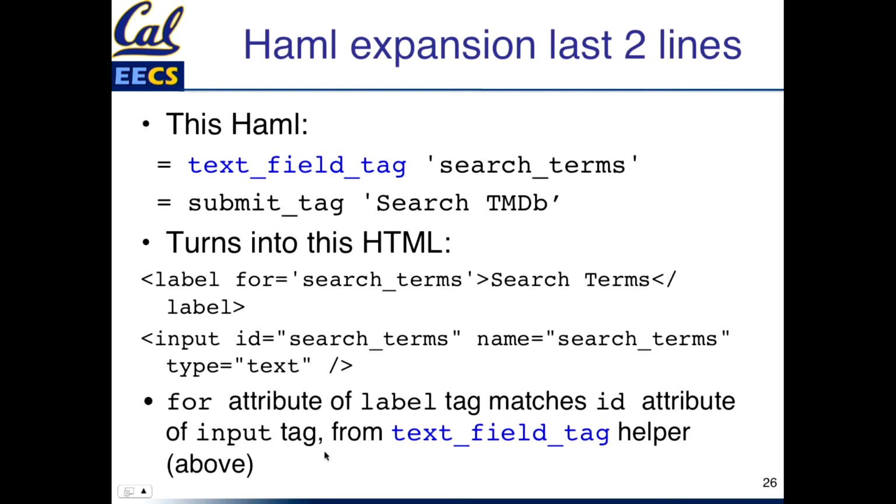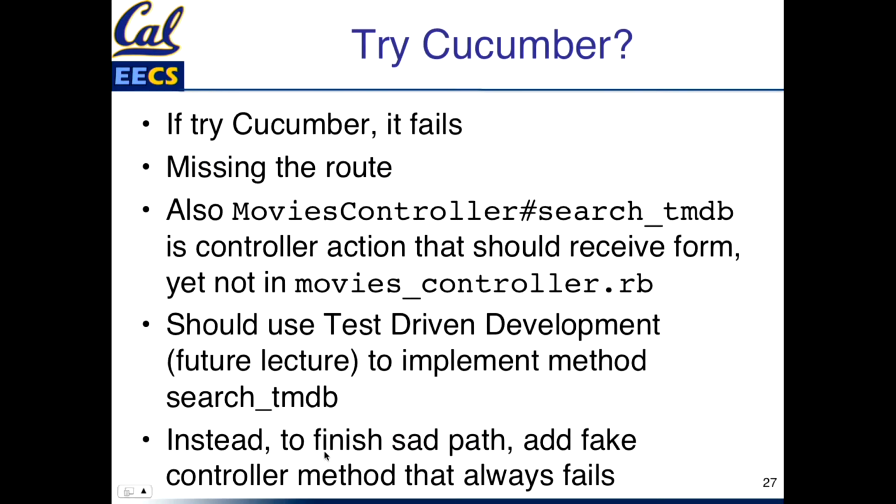So that's the view. Now, when we do try it, it'll say it's missing the route. I'm just going to go through this slowly. So we have to add a route in moviecontrollers.rb. And then what we could do would be to build the method that can handle all this, that can both give an error message when it fails, but also go out into TMDB and find the movie.